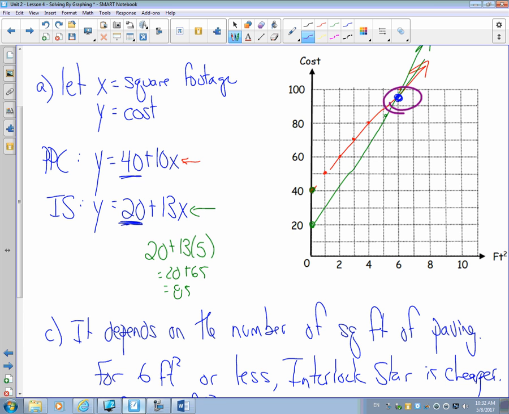In other words, it doesn't fall right in the corner of something like right here. I can't say, oh, that's 6 and 40. That's easy to tell. It's kind of in between. And that's kind of why, even though graphing works, it's not bad, it takes a little bit of time. It's not really the best method because we can't be positive on our answer unless it falls on a nice even grid line. So we are going to learn some methods down the road where we can do that without having to graph. We can solve this algebraically.